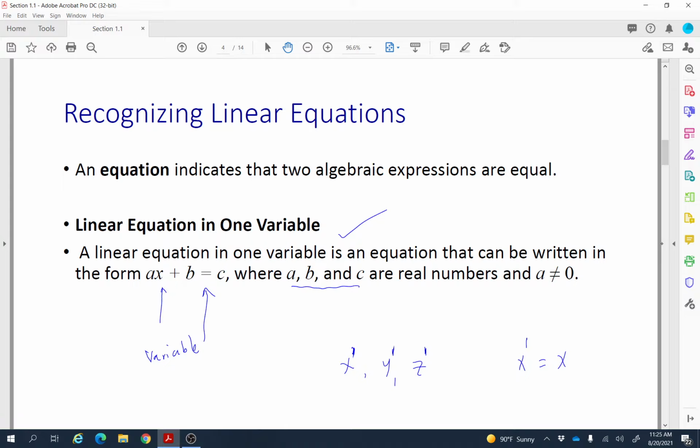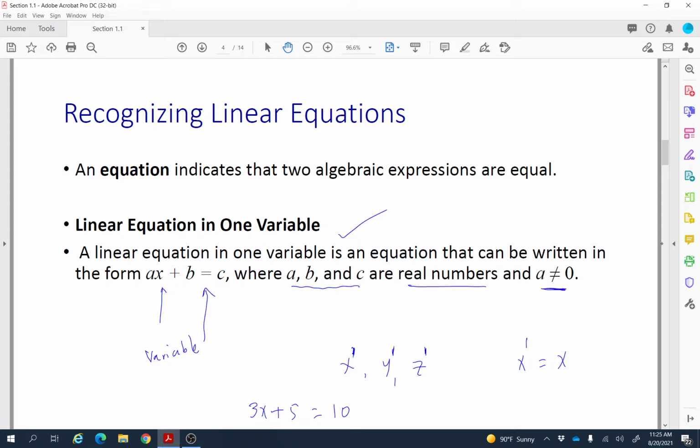So for example, you might say 3x plus 5 equal 10. Look at here, x is the only one variable, and instead of a, b, and c, I just picked some real numbers. To make a linear equation, the coefficient, the number in front of x, should be non-zero.